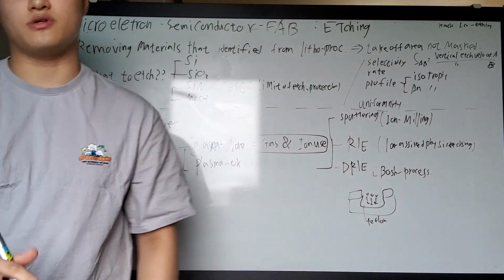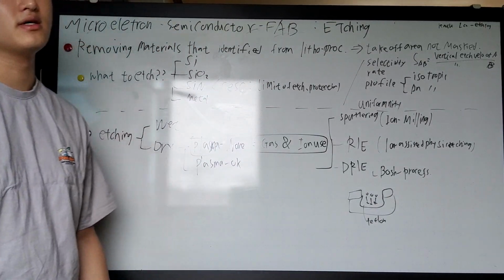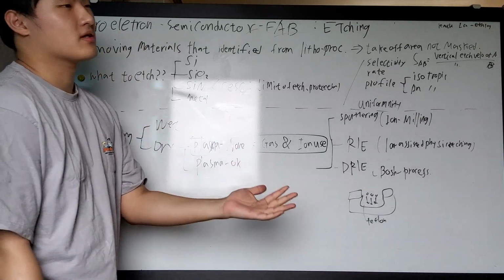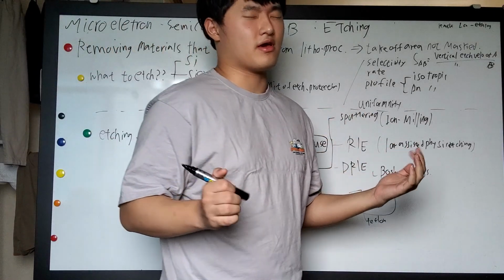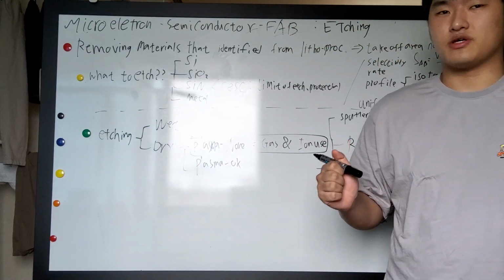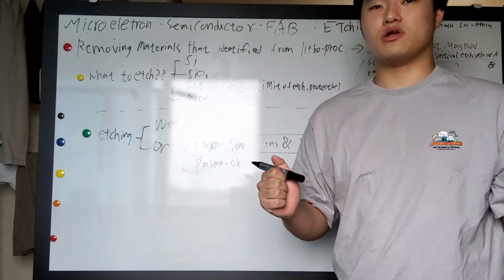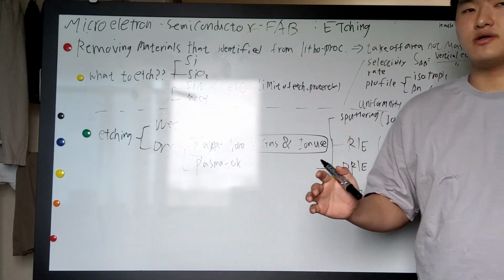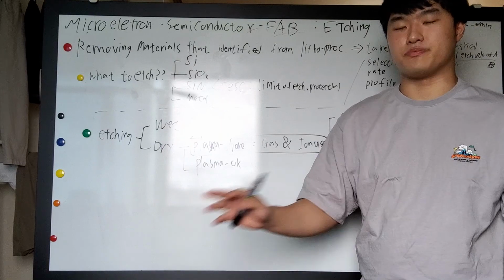Okay, so today's topic will be about etching. As we talked about in the previous class, we reviewed lithography. In easy words, lithography means printing on the paper.